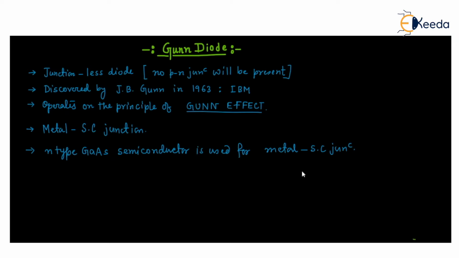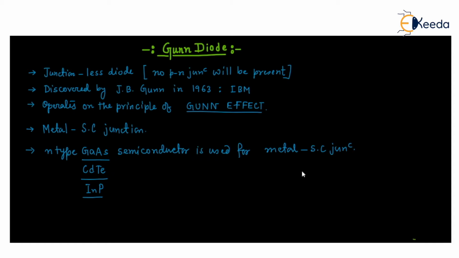Not only gallium arsenide but also cadmium telluride and indium phosphide are used. Either we will use gallium arsenide, cadmium telluride or indium phosphide.